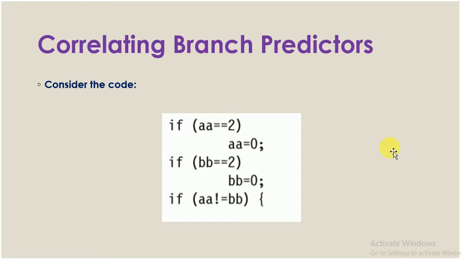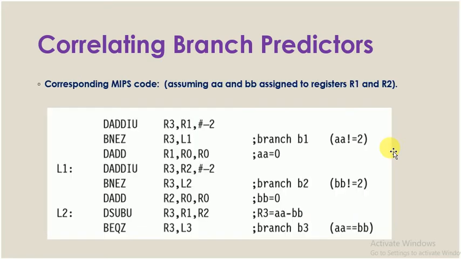If A not equal to B, then some operations as part of that particular condition. Now this is the corresponding MIPS code for the previous example. Now A is replaced with the R1 register and BB is replaced with the R2 register. It is given in a different format, but it is giving the same result as the previous example.